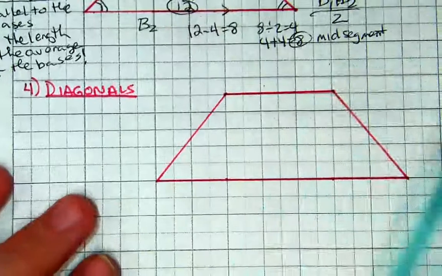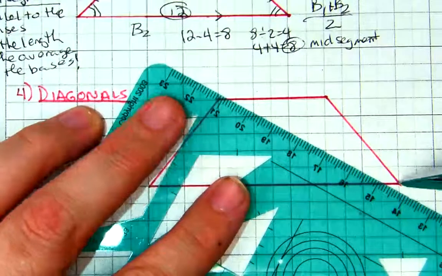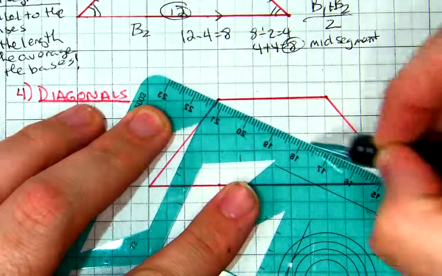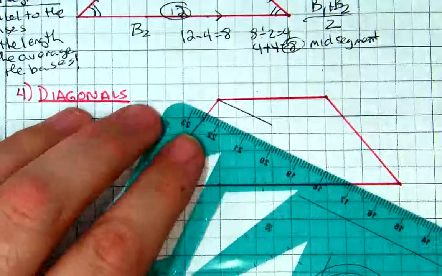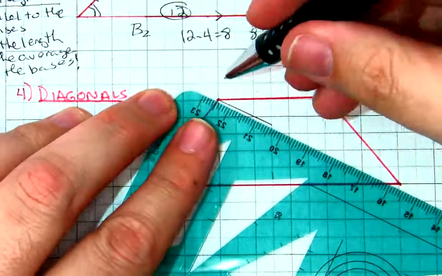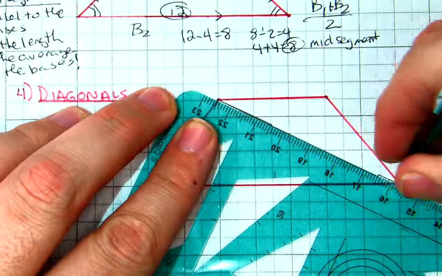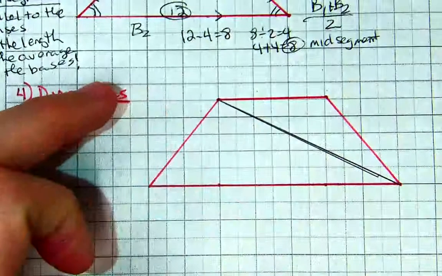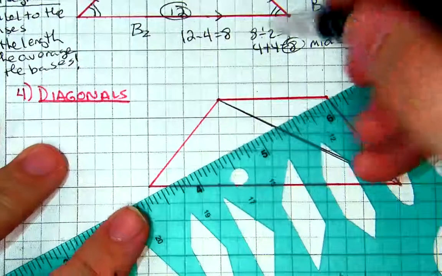Alright. Now, last but not least, diagonals. Let me draw on this one diagonal. And it'd be nice if the diagonal actually drew itself. There's your diagonal. And let me draw on the second diagonal.